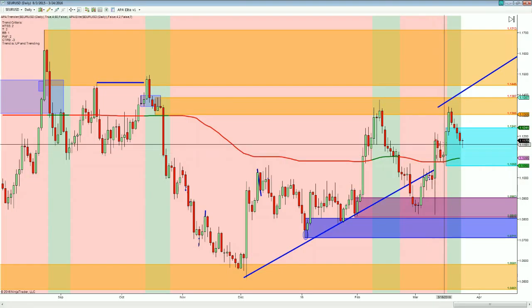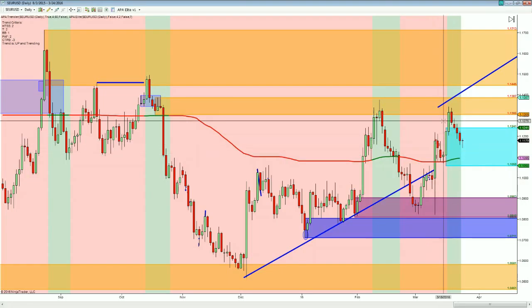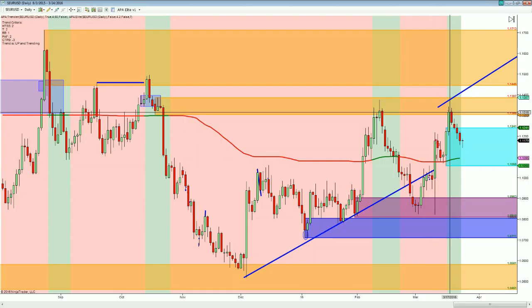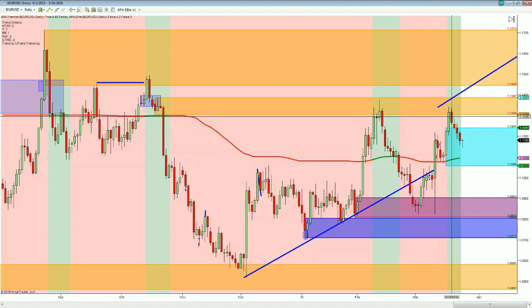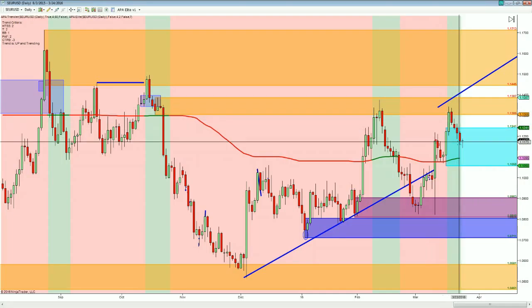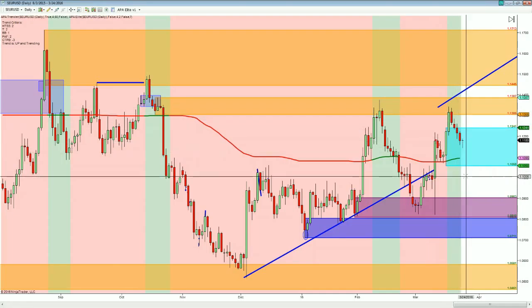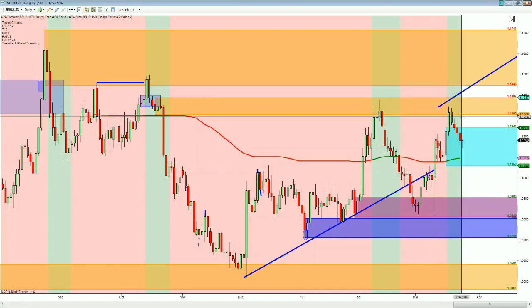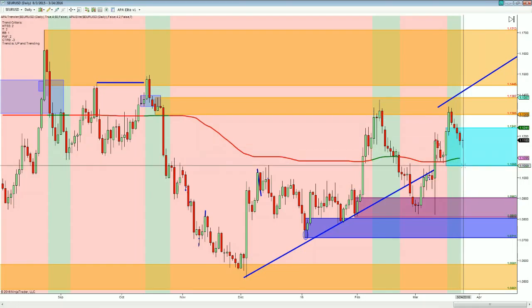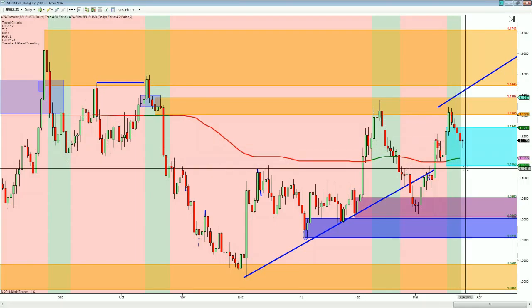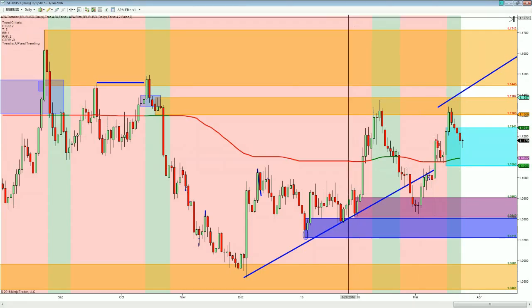I don't know why. I don't understand, but the markets do that sometimes, and the news pushed price back up into this level where we expected to find sellers again, and this is exactly what happened. So I'm just waiting to see what happens next. I know we're falling right now. It's just a matter of how far we're going to fall before we get another reaction to the upside. It's the question I'm asking myself.